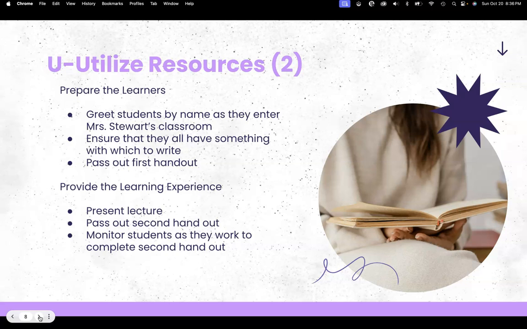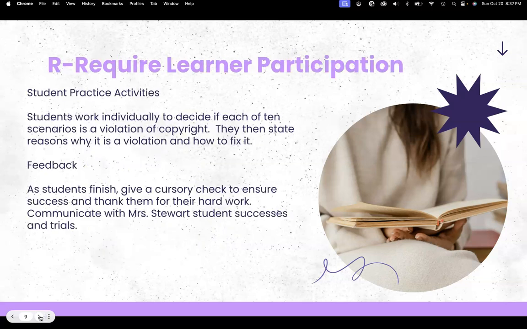Those that complete it successfully, with a cursory glance, I would give one of the two extra ideas, and those that needed a little bit of help, I would sit down and go over, because ultimately I do want this to be successful for them.